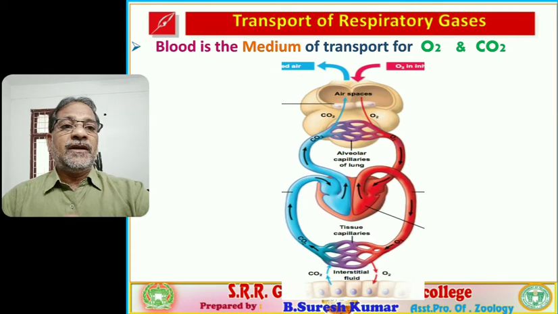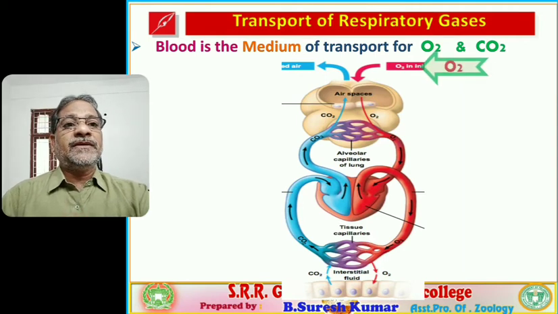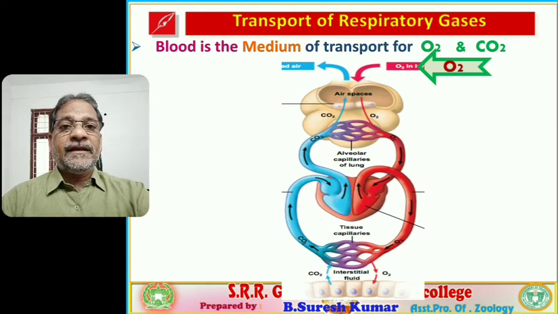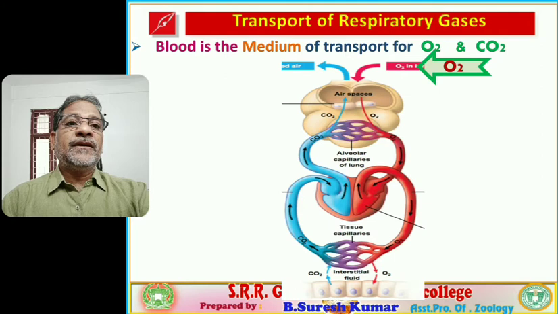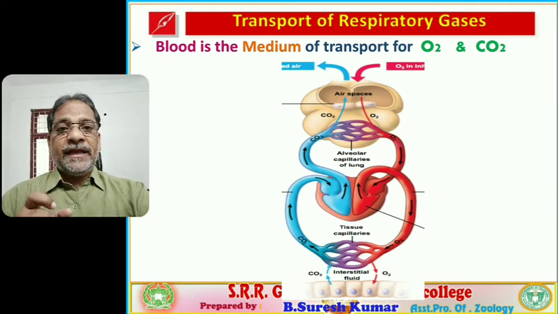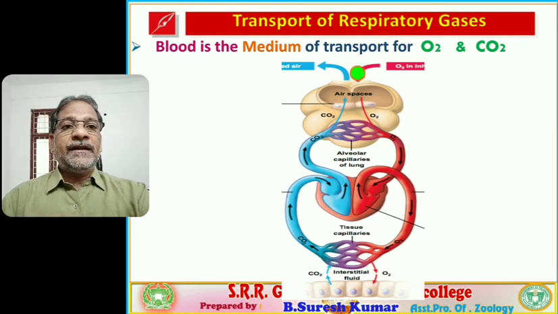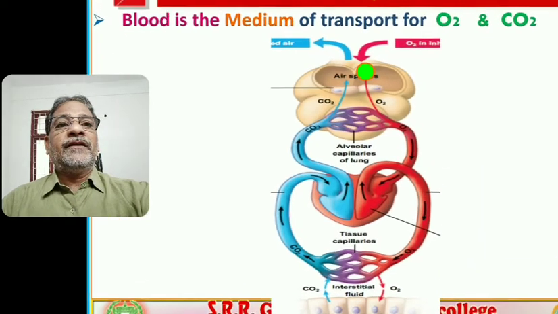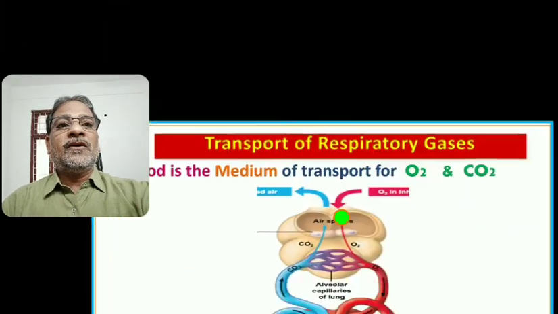Let us see. The blood picks up oxygen from atmospheric air in the alveoli. When we perform pulmonary ventilation, we inhale the atmospheric air into the alveoli of the lungs. You observe this visual, you have to follow this drop, the oxygen movement.